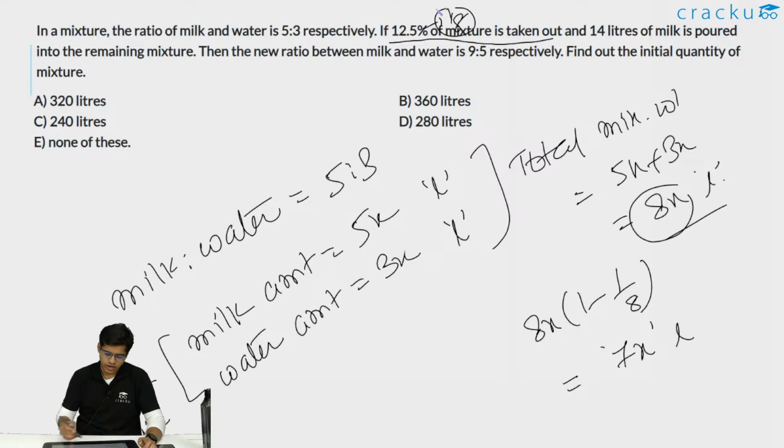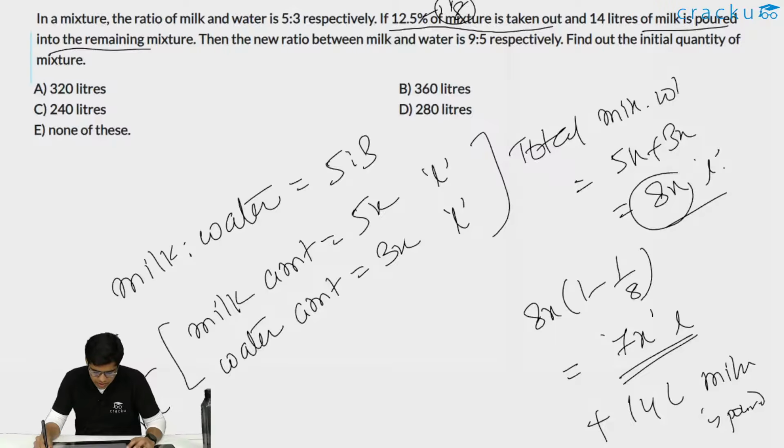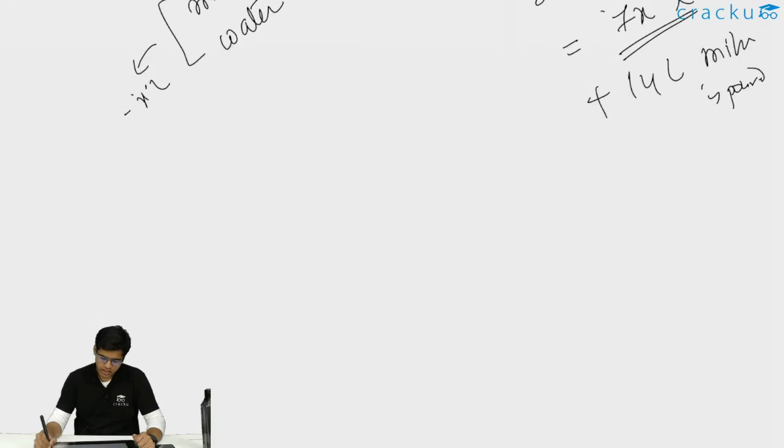So 1 by 8 of 8x is x liter. I have taken x liter, so I am remaining with 7x liter and 40 liters of milk is poured into the remaining mixture. So along with this 40 liters of milk is poured. Okay. The ratio between new milk and water is 9:5. Okay. Now here is the tricky part. See guys, milk is to water.